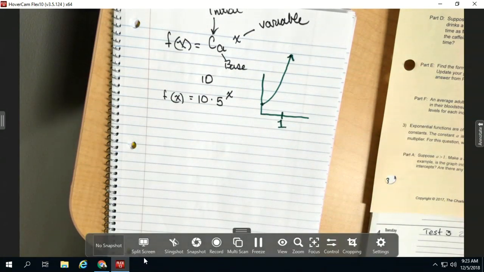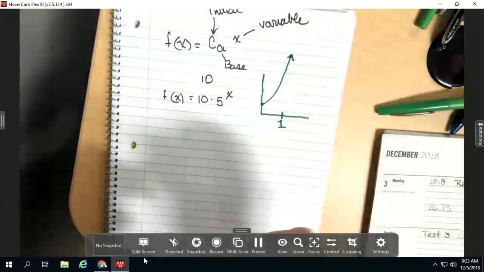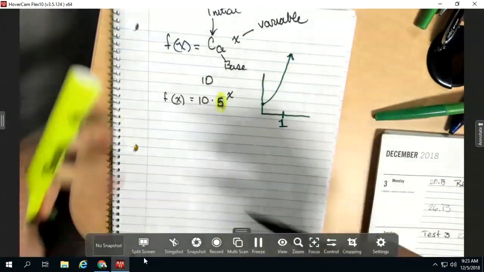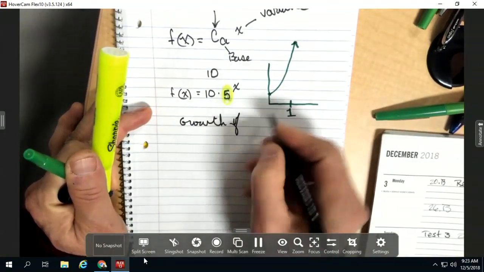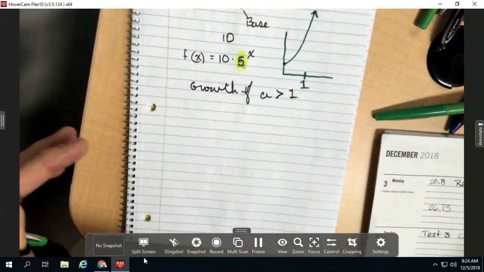That number is going to quintuple, right? So if our value is greater than 1, we say it is an exponential growth. The key to it being exponential growth is if A is greater than 1.